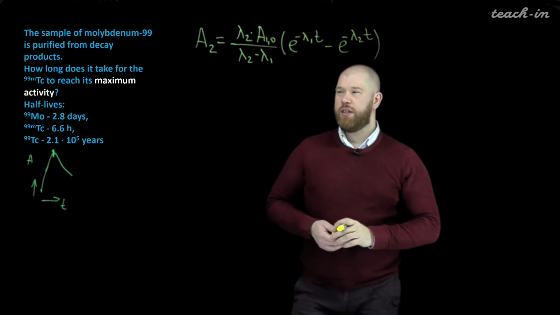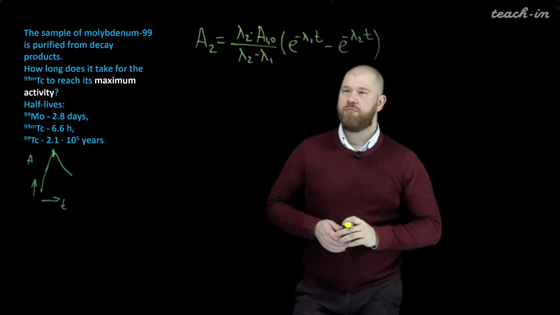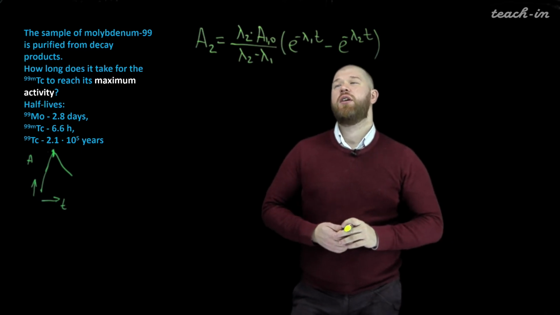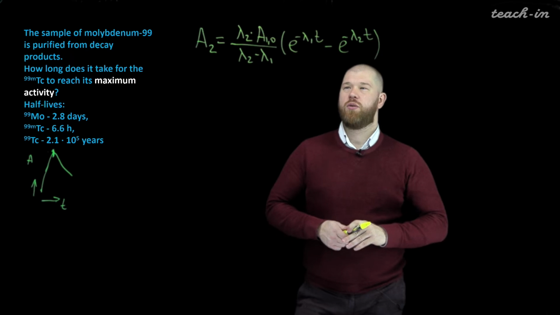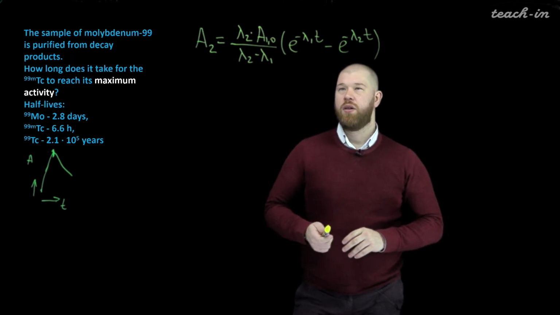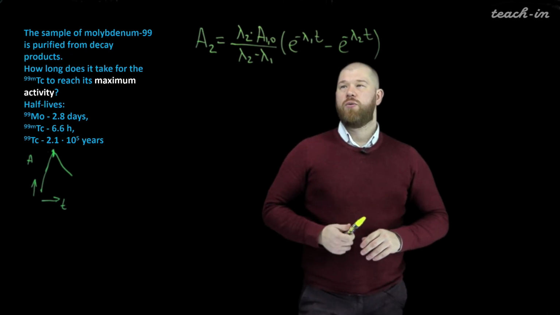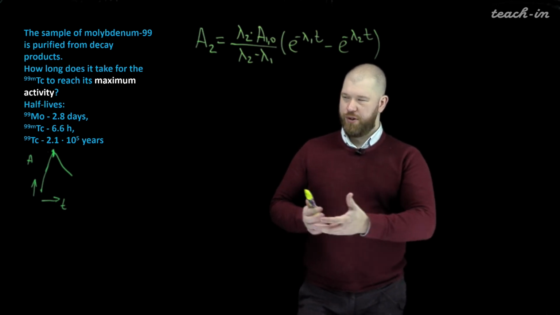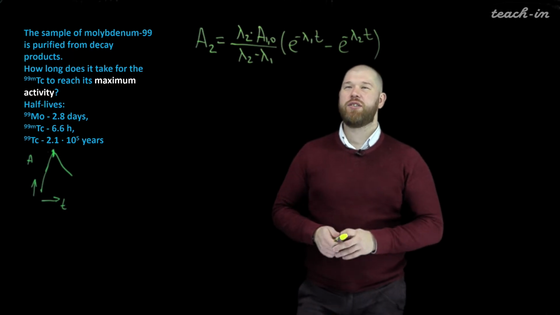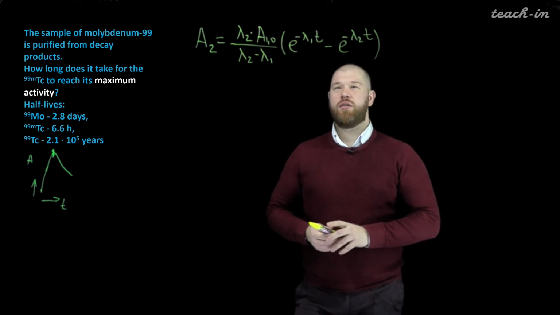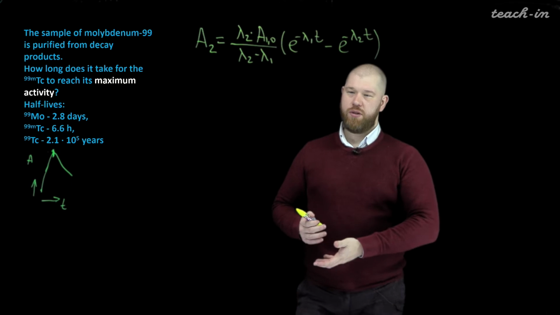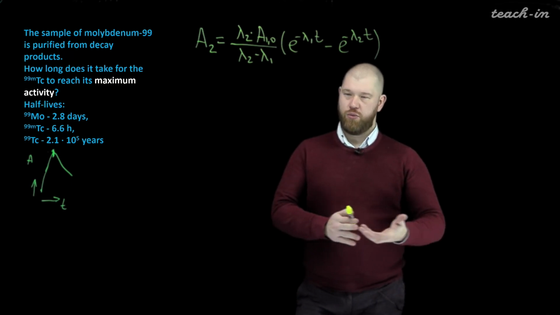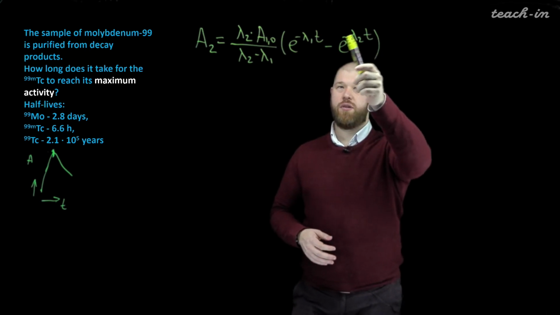So this is an expression for the accumulation of activity of the daughter radionuclide. We see that it depends on the decay of the mother radionuclide, of course, because it is produced due to the decay of the mother radionuclide. And also, as far as we accumulate the radionuclide, it starts immediately to decay.